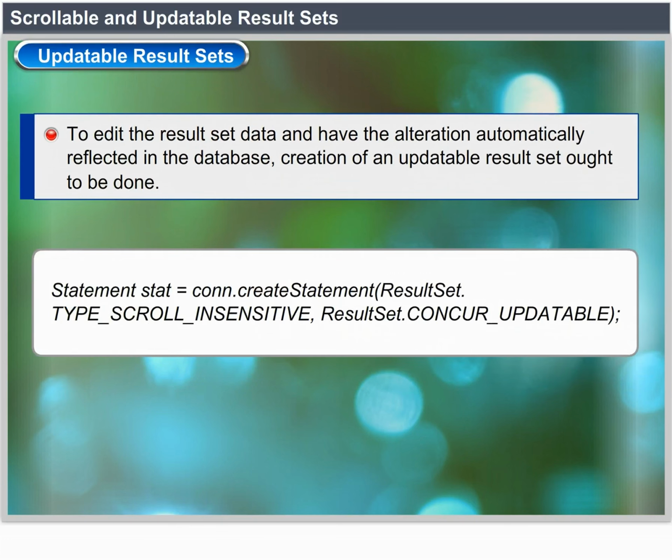Updatable result sets. To edit the result set data and have the alteration automatically reflected in the database, an updatable result set ought to be created: Statement stat = con.createStatement(ResultSet.TYPE_SCROLL_INSENSITIVE, ResultSet.CONCUR_UPDATABLE).